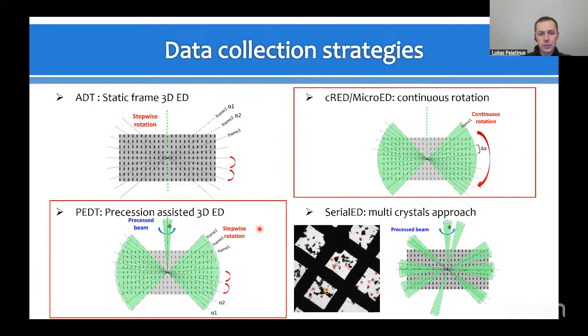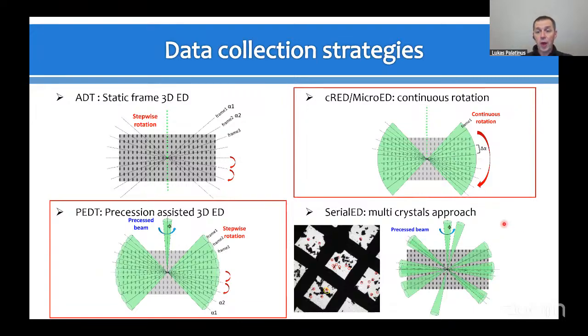That is still a useful technique, but by now the most common technique is what's called CRED, continuous rotation electron diffraction, or also MicroED. Most people, when they say MicroED, mean this technique, where the crystal is continuously rotated around an axis, and the diffracted intensities are collected on a set of diffraction frames, where each frame corresponds to a certain wedge of reciprocal space.